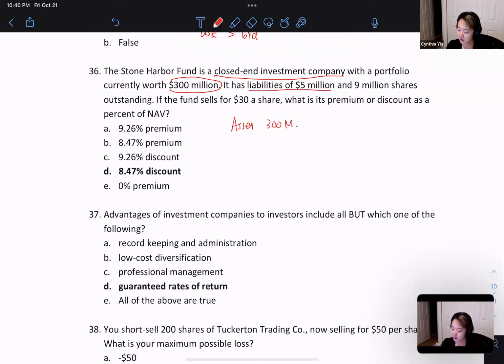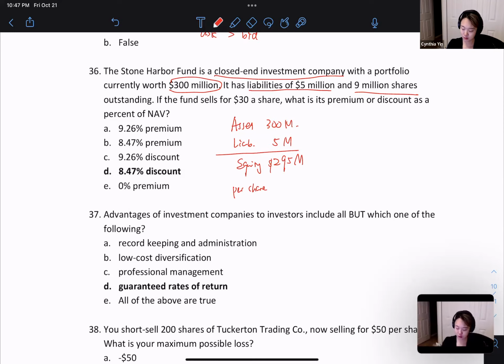Liability is 5 million, meaning that the equity is 295 million. There are 9 million shares outstanding. So per share, how much is it?